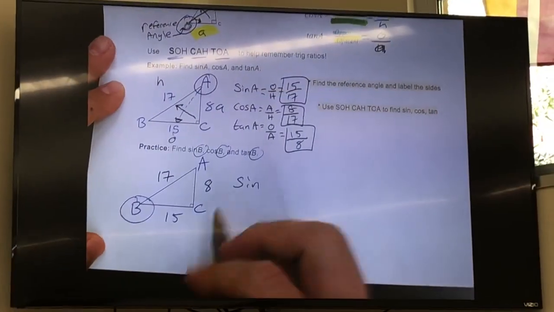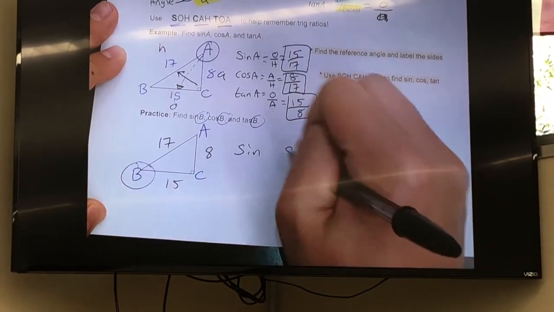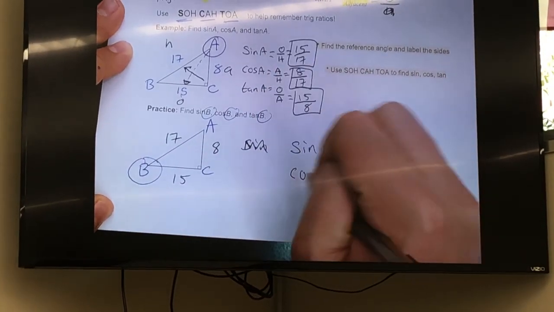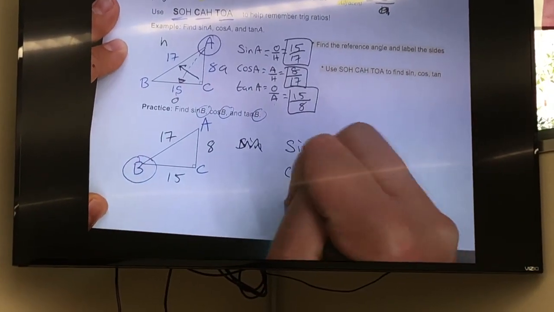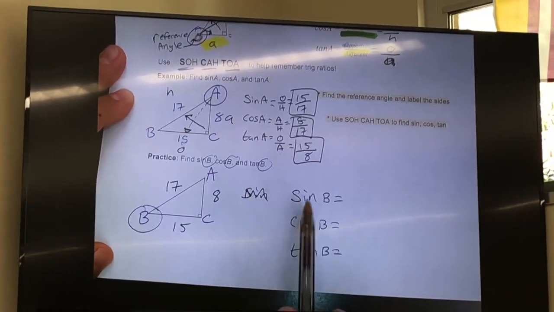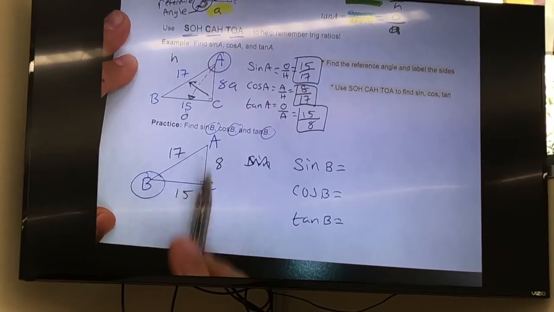All right, class, so we were trying to find the sine of B, cosine of B, and tangent of B. So sine of B will equal, cosine of B will equal, tangent of B will equal. Remember, sine of B is opposite over hypotenuse, so we need to label these first.